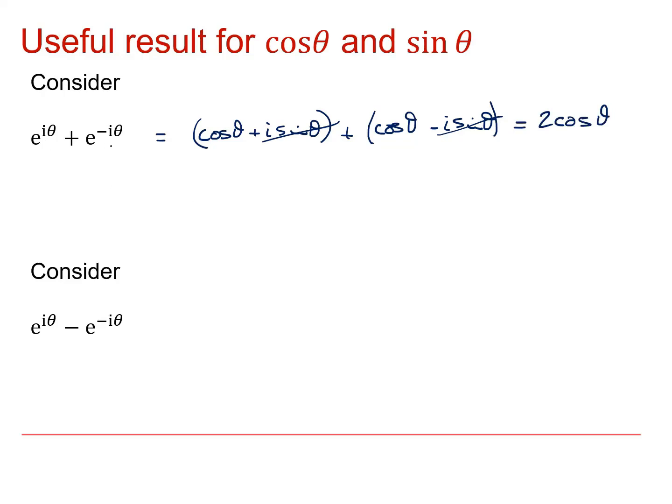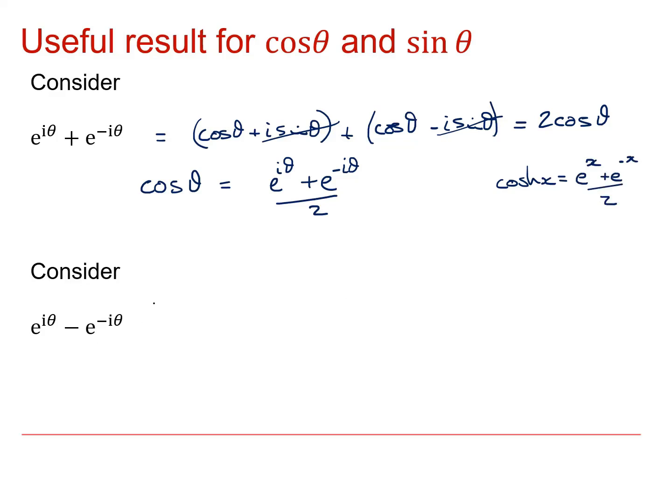If 2 cos theta is equal to this, then cos theta is equal to e to the i theta plus e to the minus i theta all over 2. This is very similar to the expression for cosh x, which is e to the x plus e to the minus x all over 2.